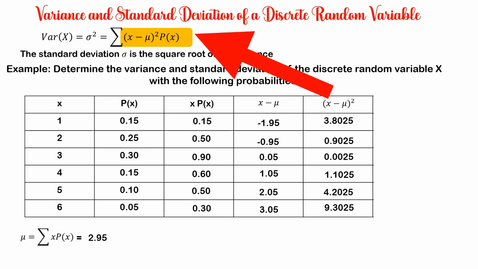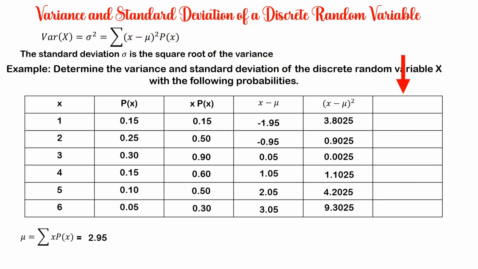Next, we are now ready to solve all the elements, getting the product of our p of x and the previous result. So we have p of x times the quantity x minus mean, squared, or the quantity x minus mean, squared, times p of x.